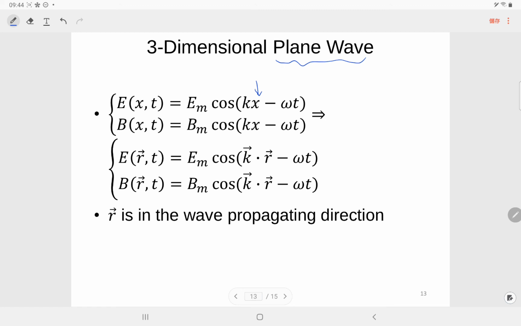And actually, we can generalize it to three dimensions. So k can be a vector in three dimensions, and x becomes the r vector, and then they take the inner product. So this becomes the three-dimensional plane wave, and r hat is the propagation direction. Actually, k also has the same direction, because as long as they have the same direction, they have an inner product.